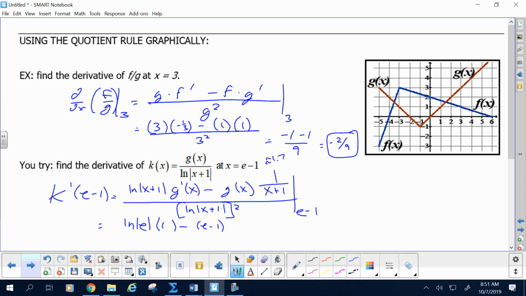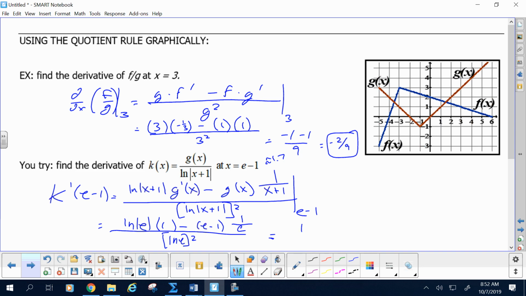Don't you agree that at that point, g is basically just y equals x? So if you put in e minus 1, you get out e minus 1. You follow? Over 1 over e minus 1 plus 1 is e all over the log of e minus 1 plus 1, or log of e quantity squared. What's log of e?